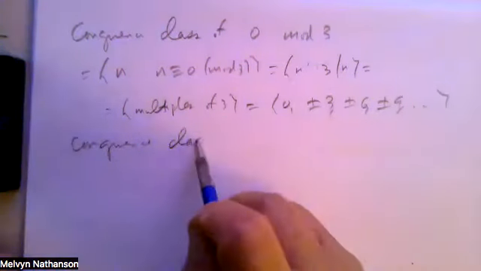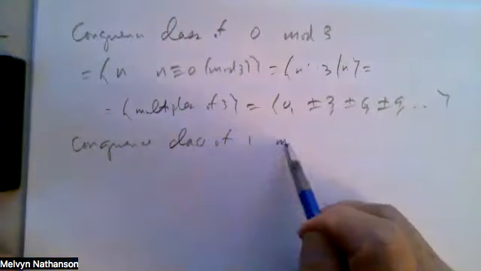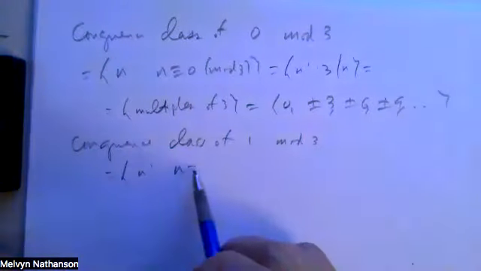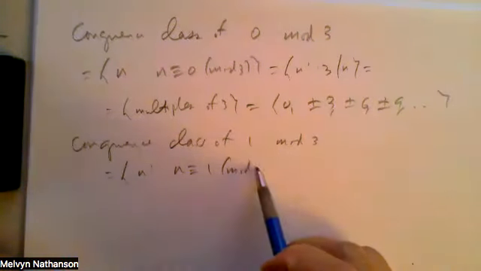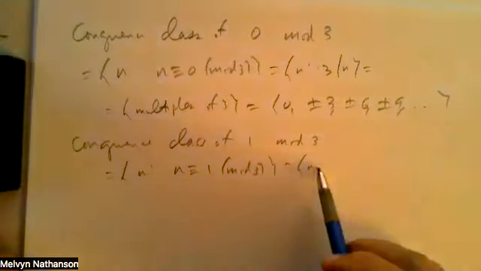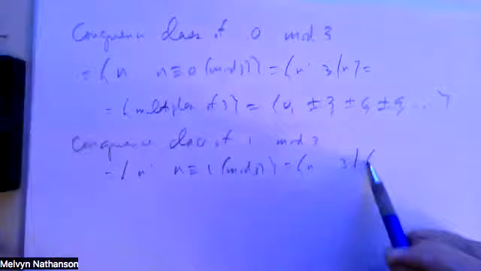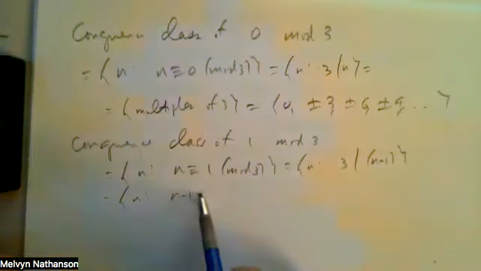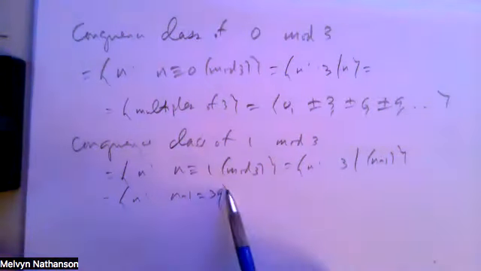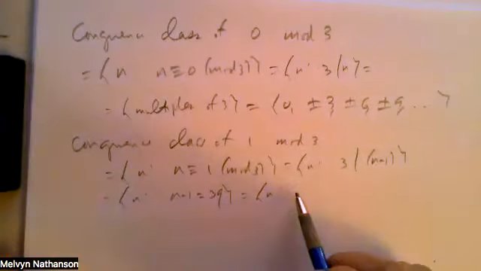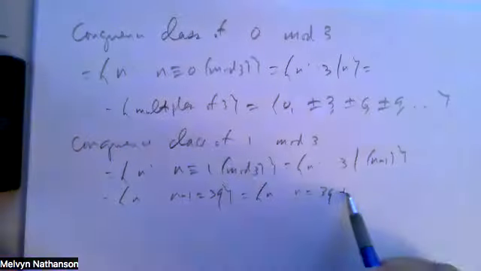What's the congruence class of 1 mod 3? That's all numbers n such that n is congruent to 1 mod 3. That's all numbers n such that 3 divides n minus 1. That's all numbers n such that n minus 1 is some multiple of 3, which is all numbers n which you can write as 3q plus 1.